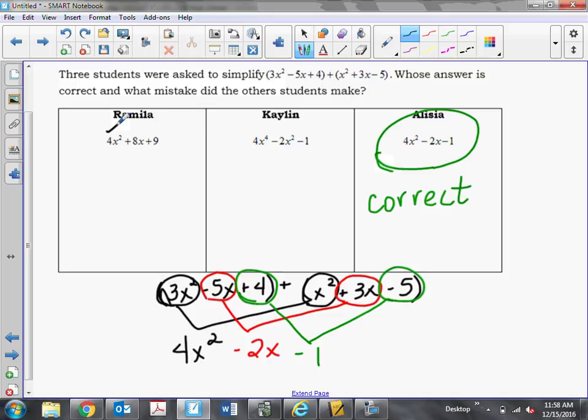All she did was just add the numbers without looking at the signs.